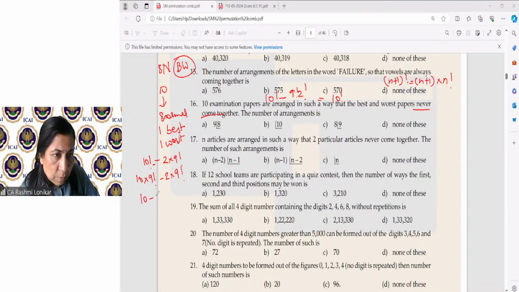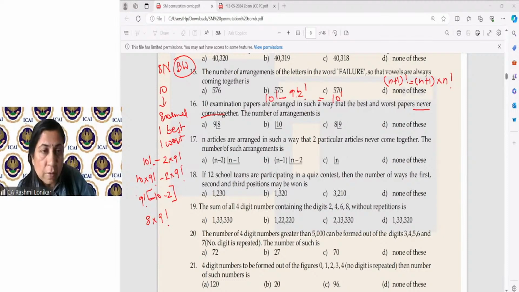Taking 9 factorial common, what remains is 10 minus 2, which is 8. So it is 8 into 9 factorial. So C will be the answer.